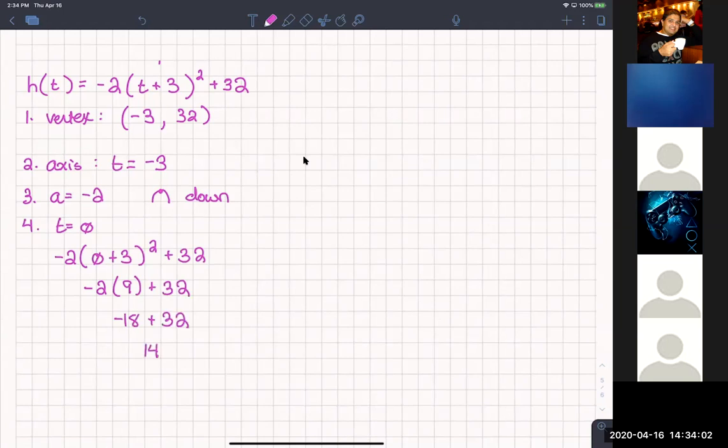So it crosses the y-axis at 14. So the y-intercept is (0, 14).